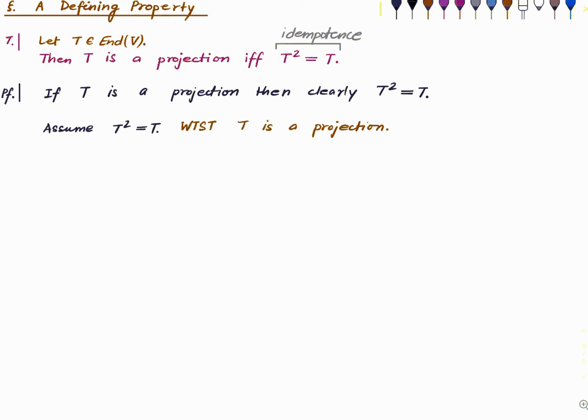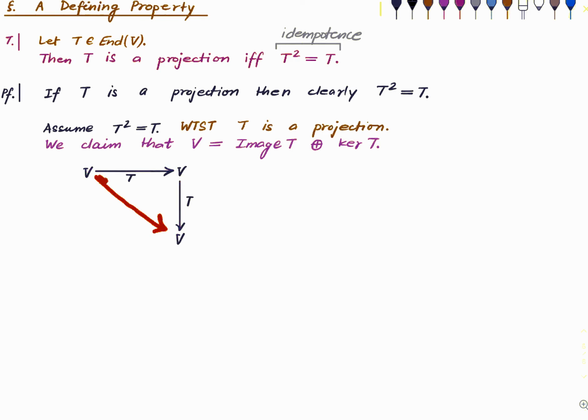So here is the thing. We will show, first of all, let's draw some diagrams. So we have this map T and then T again. And since T squared is equal to T, this map is also T. So we have this funny looking diagram.